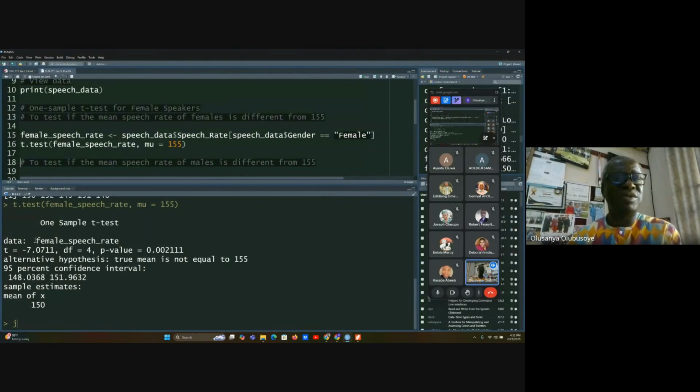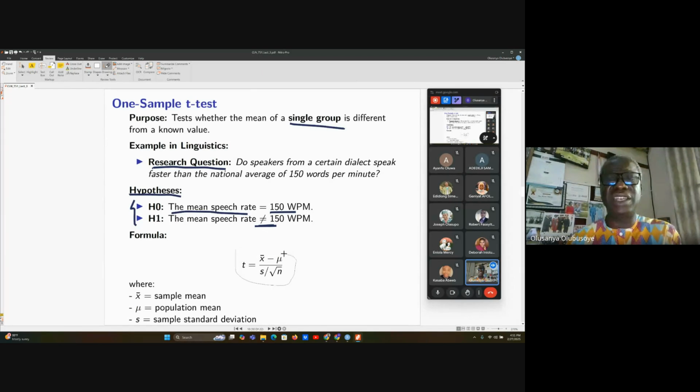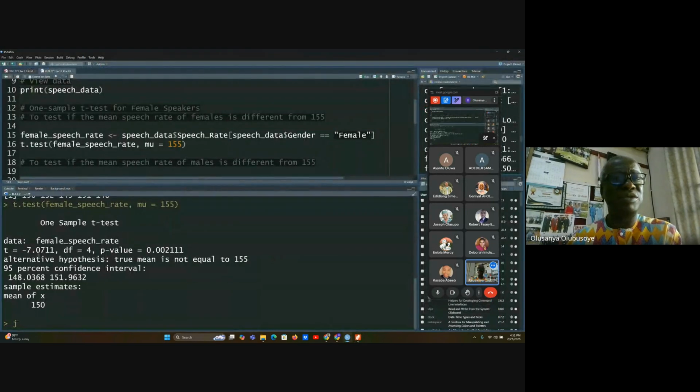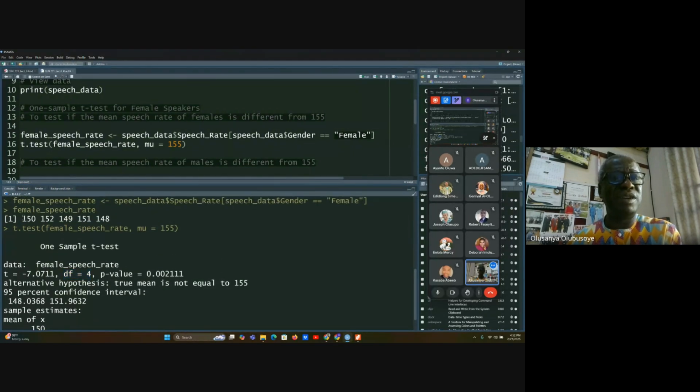It tells you that the data is female speech rate, and the value you see here is the t computed after substituting these values, which gives minus 0.0711. The degree of freedom is the number of females minus 1, so you have 5 minus 1, that is 4.